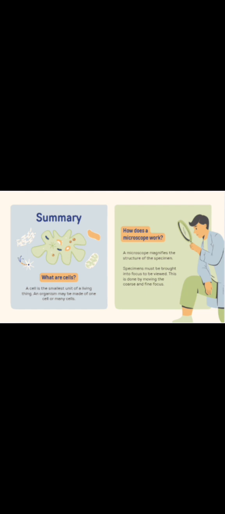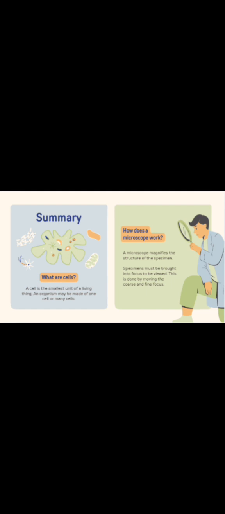Organisms can be unicellular or multicellular. And how does a microscope work? A microscope magnifies the structure of the specimen. Specimens must be brought into focus to be viewed, and it is done by moving the coarse focus as well as the fine focus. That's all we have learned in these two days.